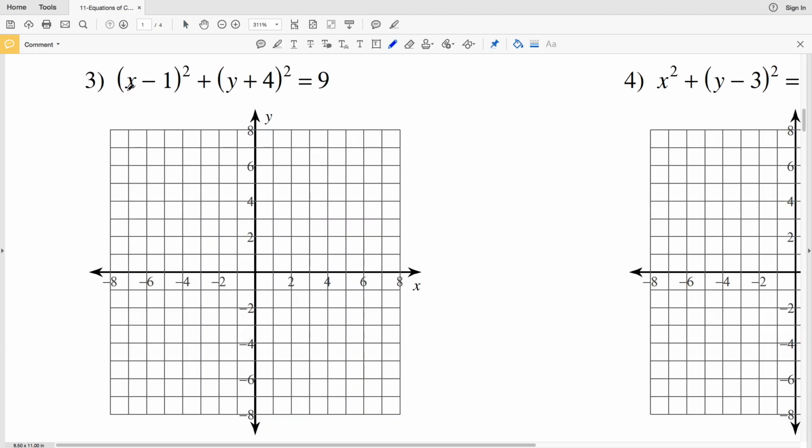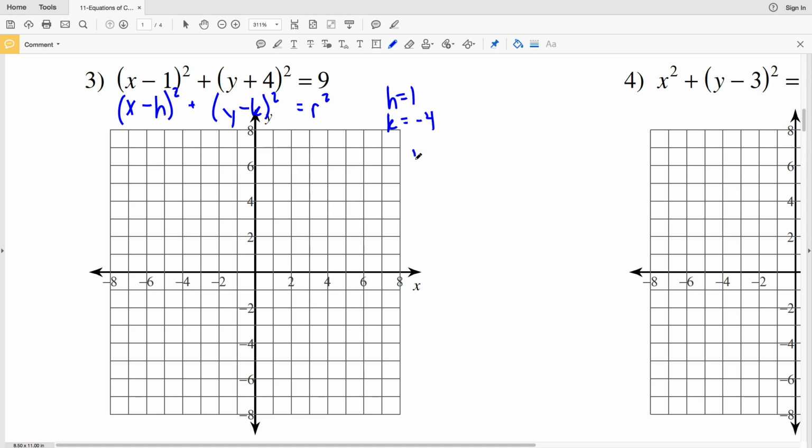Moving on to number 3, (x - h)² + (y - k)² = r². Our h value is 1. Our k value will be negative 4, because since we're adding a 4, that's the same as subtracting a negative 4.